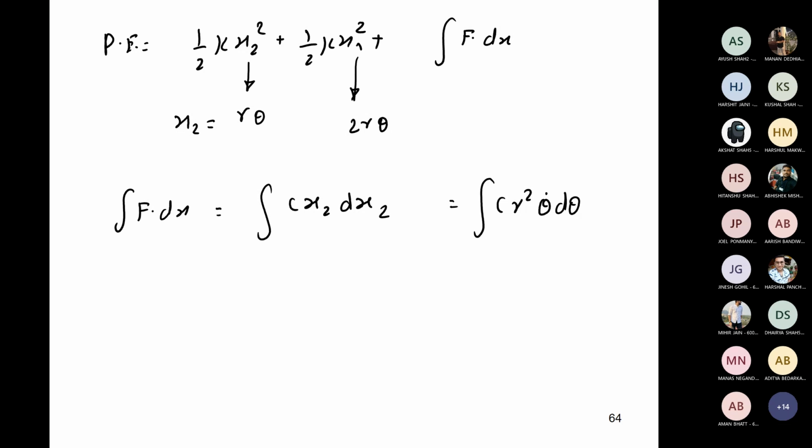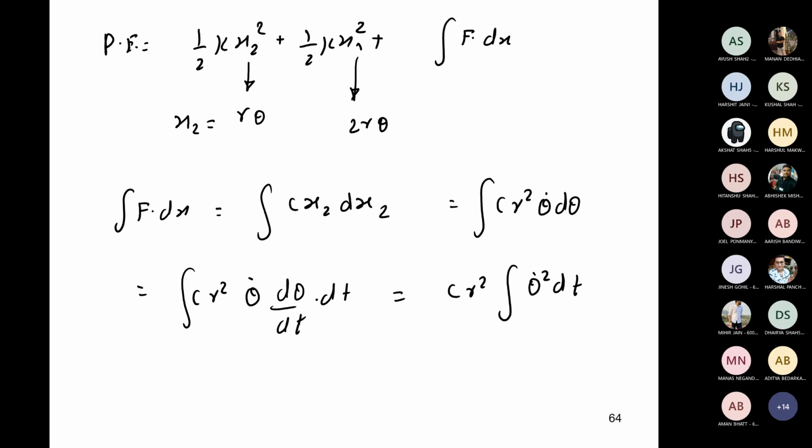And this I can rewrite as integral c r square theta dot d theta by dt into dt. So this becomes integral of c r square, r is a constant, theta dot square theta. All right.